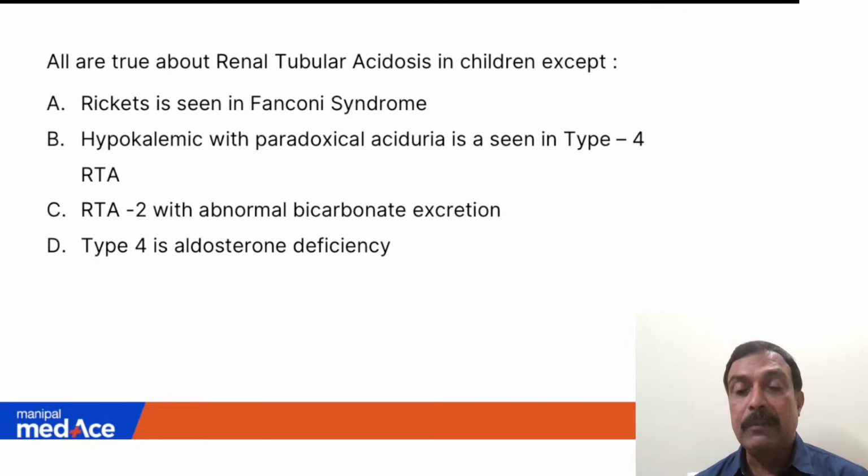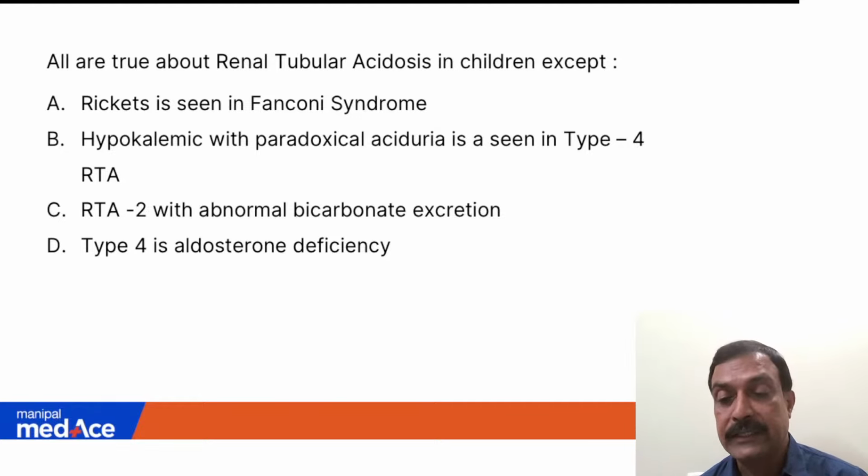The last question I'm going to take up here today is: all are true about renal tubular acidosis in children except. Rickets is seen in Fanconi syndrome is one of the answers. Hypokalemic with paradoxical aciduria, type 4 or type 4 RTA is given. Type 2 RTA where abnormal bicarbonate excretion is given, and type 4 is aldosterone deficiency.